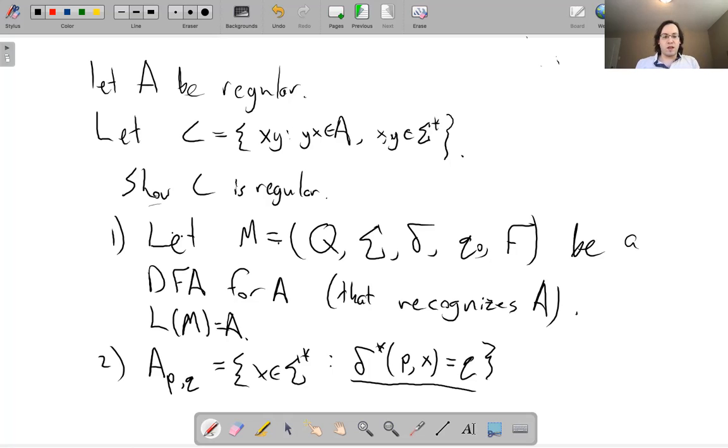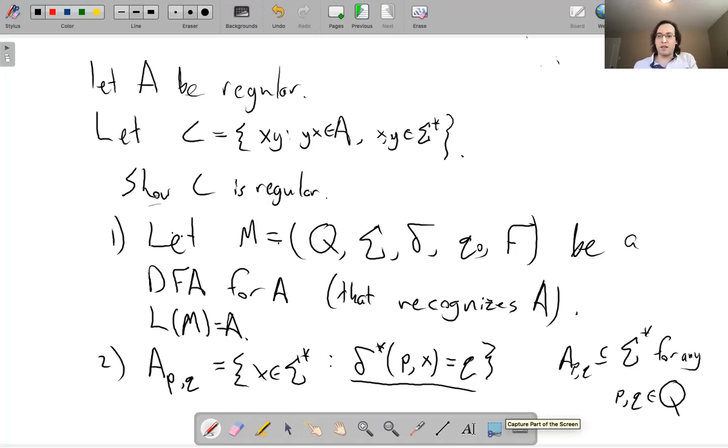So this is well defined for any pair P, Q. A_PQ is a language, a subset of sigma star, for any pair of states P and Q of M.